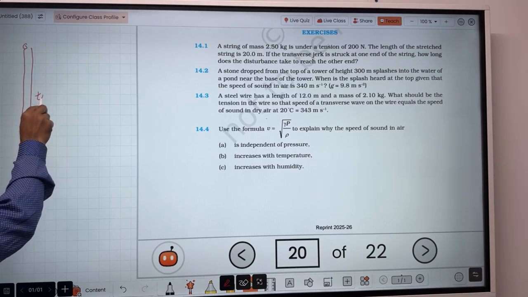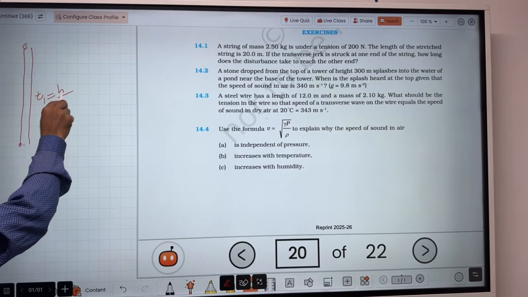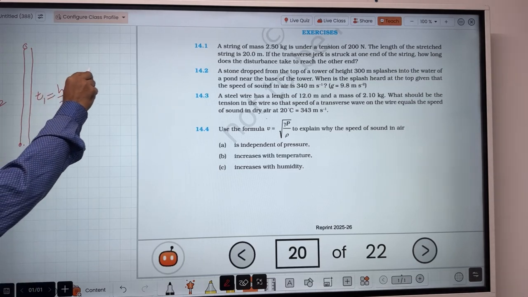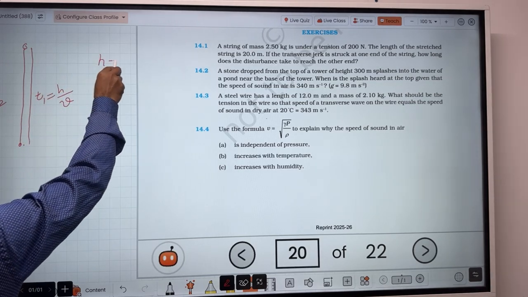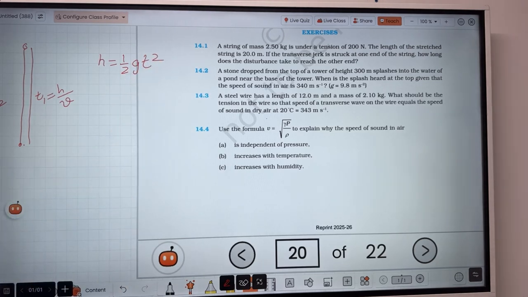So here in this case, time taken, say it is t1, will be h divided by speed of sound, and here say this is t2. So here we will apply the formula of free fall, that is h equal to half g t square.